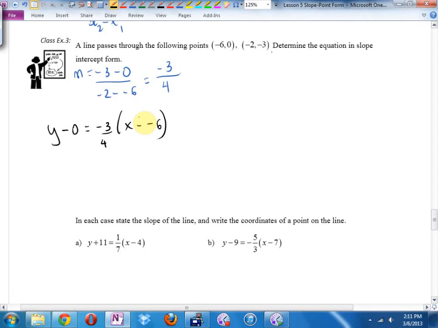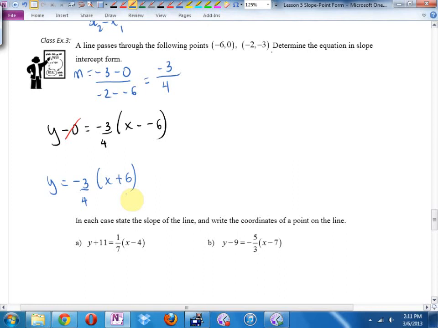By the way, what is y minus 0? Y. Because I asked you to. What is y minus... Oh, shut up. Yes, you're doing. So we really have this. Y equals negative 3/4, bracket, x plus 6.